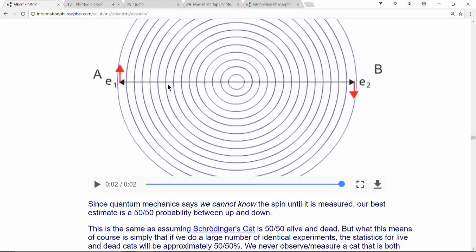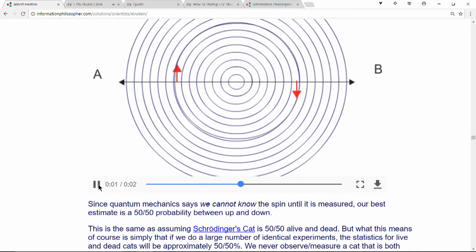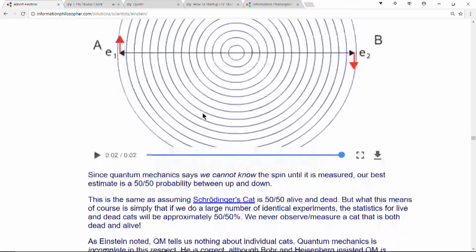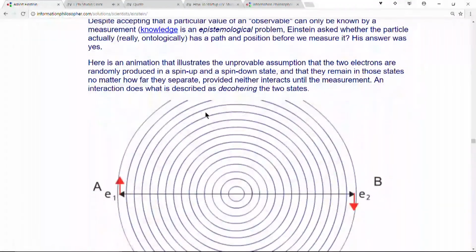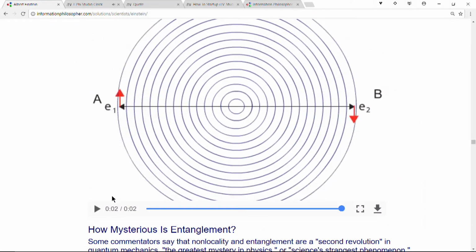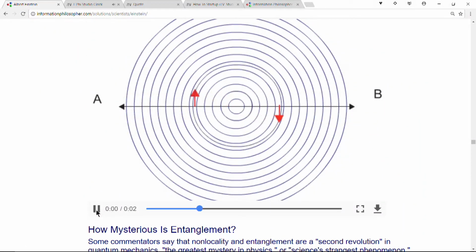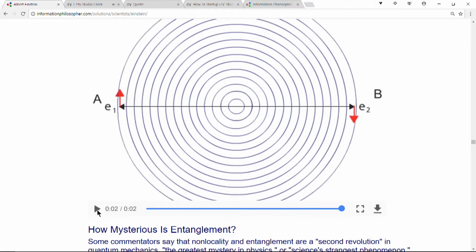Where does the power, the cause, the information now come from that allows it to change from one to the other? Conservation of energy, and in this case conservation of spin, suggests that the particle separating from the middle is always up for one, down for the other, and there's no need for any information to travel from one to the other.